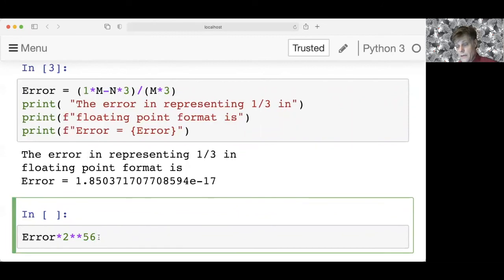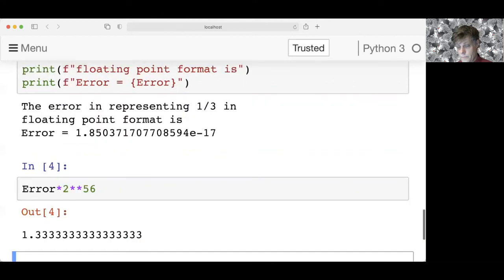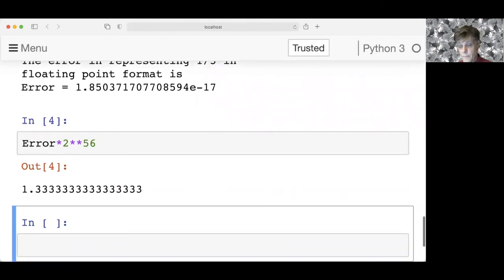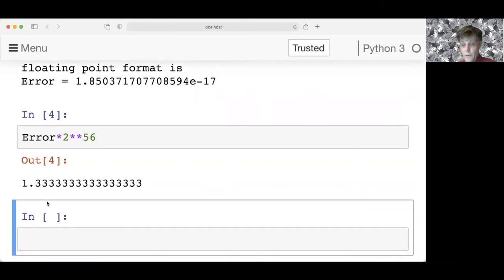And we can investigate this error. And you see, if we multiply the error by 2 to the power of 56, we get the following: 1.333, etc. And the floating point representation actually must have the exponent equal to minus 56, as we can see here, 1.333333, etc., which is a mantissa.